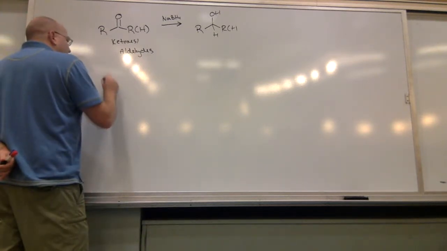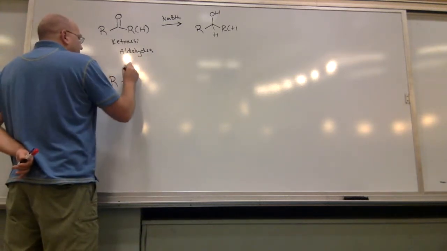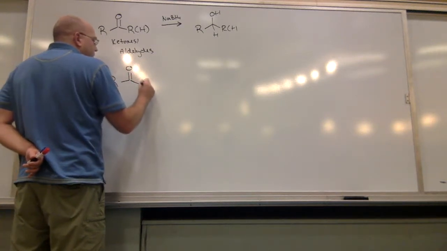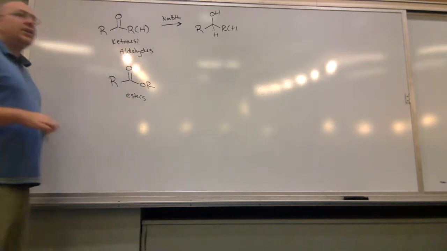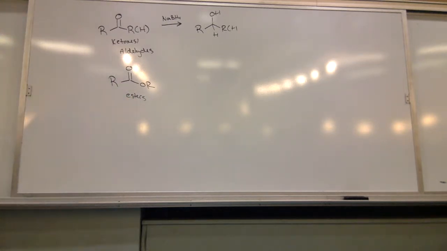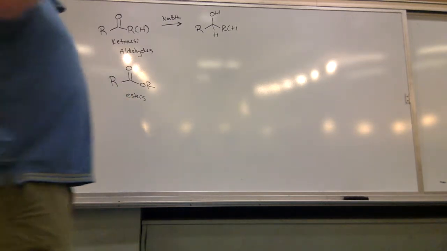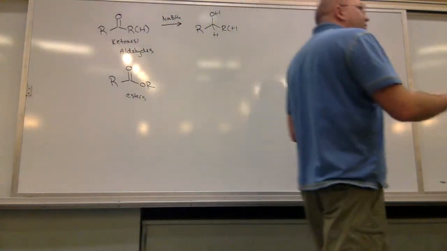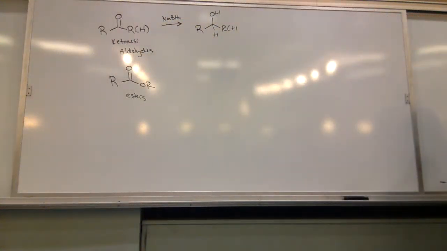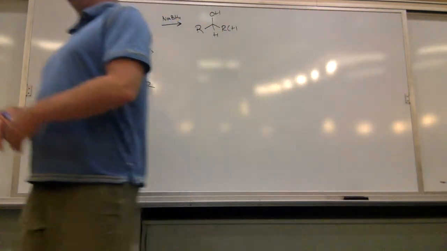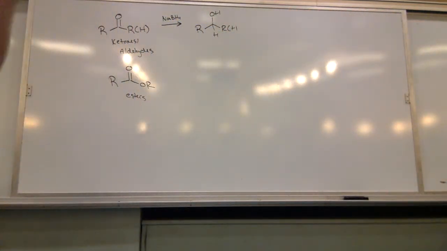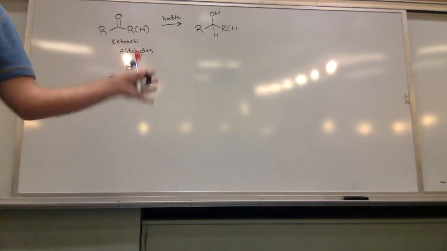We also pointed out that with molecules such as esters, sodium borohydride is going to be much, much more difficult to do this chemistry on. It's not that you can't reduce esters with sodium borohydride. For the sake of this class, though, for all intents and purposes, we should believe that it doesn't.